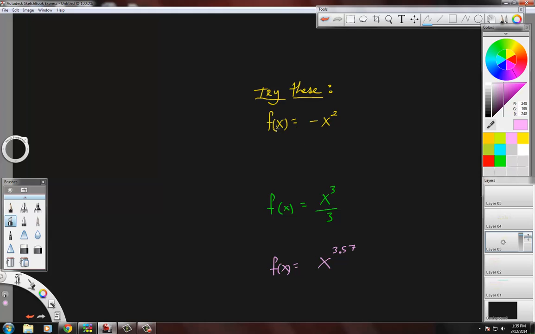The first one being f of x equals negative x squared. Well, if you had to do that, this 2 would be represented by the n. So this is basically a negative 1 right here. That's negative x is negative 1x.